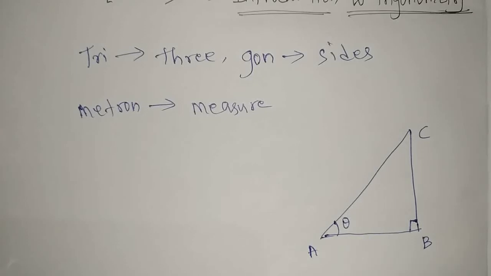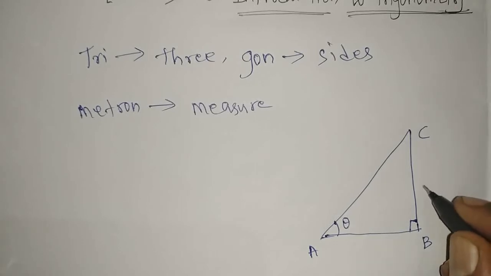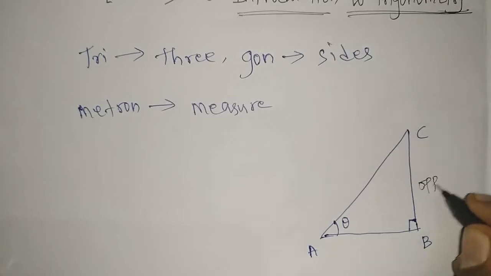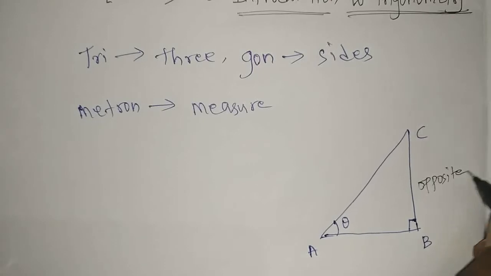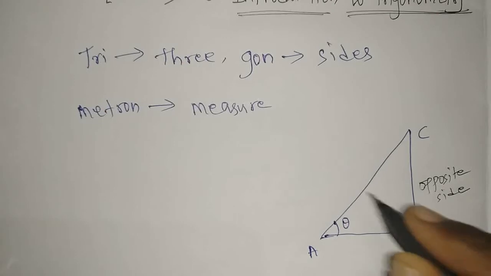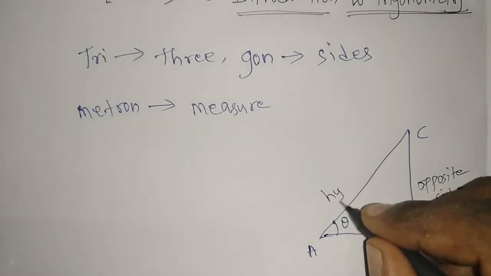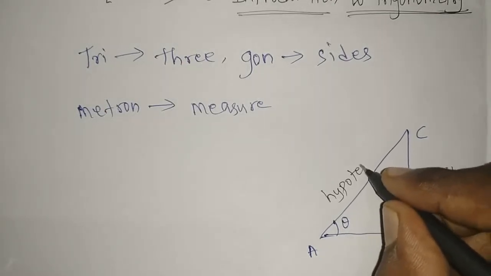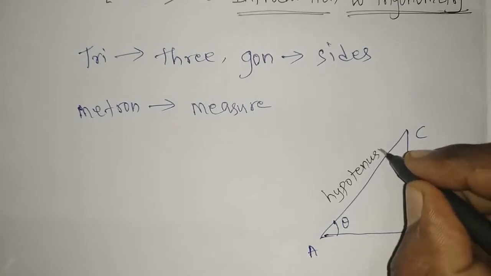Now listen carefully. The side opposite that angle is called the opposite side. The side opposite the 90 degree angle is called the hypotenuse. We know very well the hypotenuse is the longest side in the triangle.